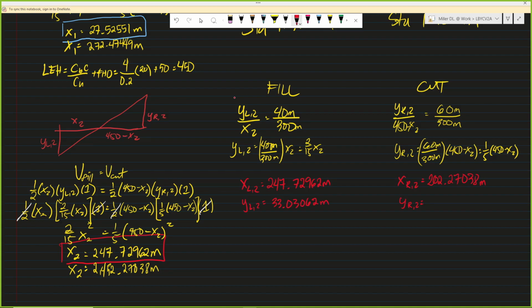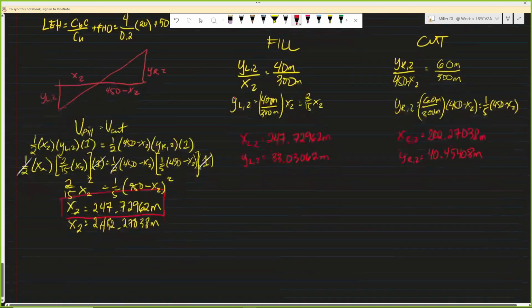Next, how about YR2? We have 40.45408 meters. Okay? Then, next natin ay yung station.